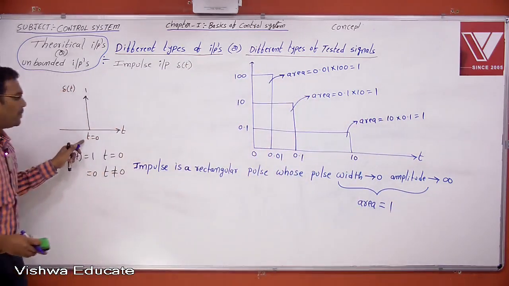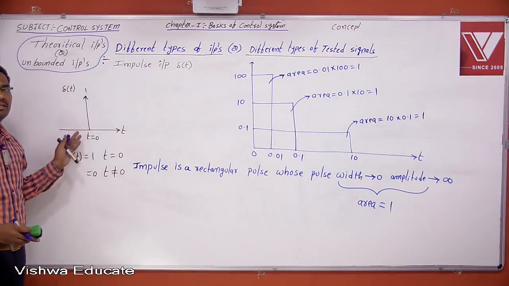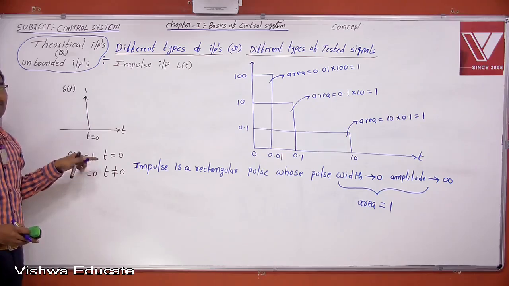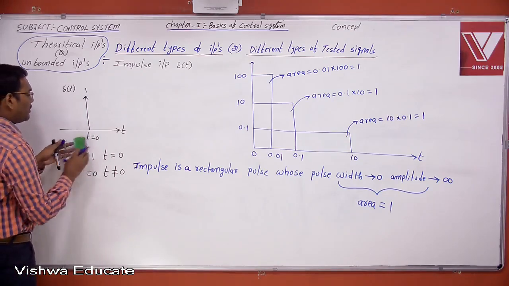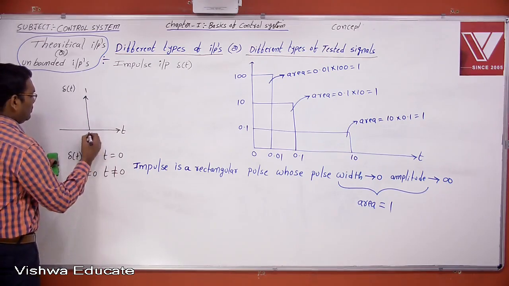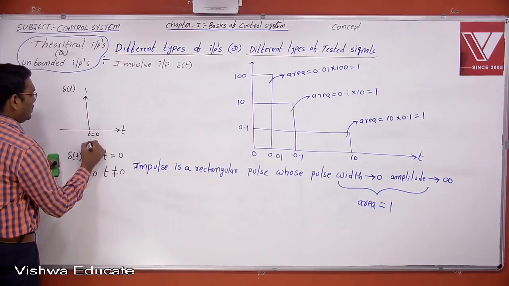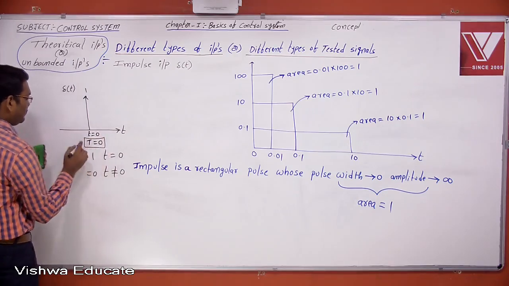Therefore, that is the reason why you are saying the impulse is always existing at origin. Why? Because at origin the width of the pulse is equal to 0.